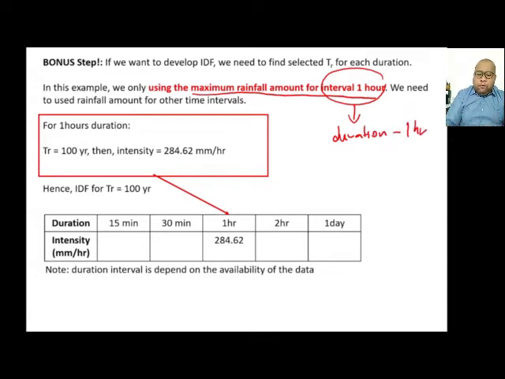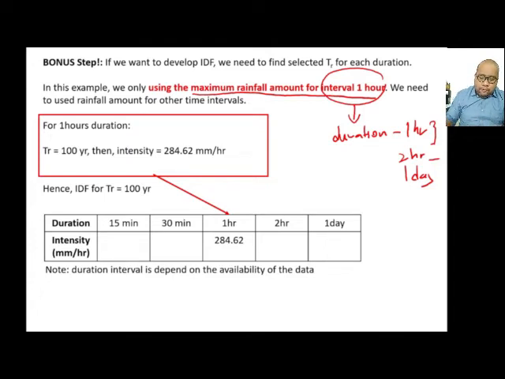If we want to find it for other durations, for example 2 hours or 1 day, you need to aggregate the data. That means for 2 hours, you need to find the cumulative rainfall over 2 hours, so you will get the value. And for 1 day, you need to find the cumulative rainfall for 1 day, or 24 hours.